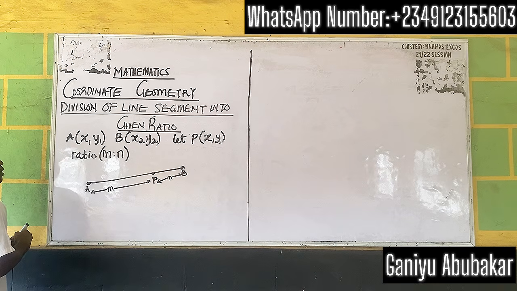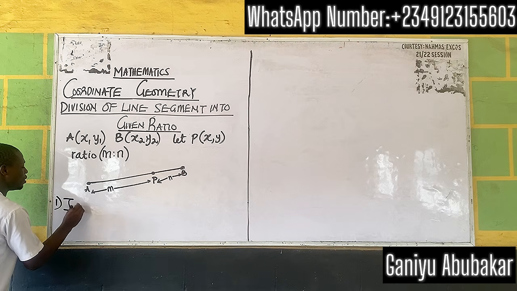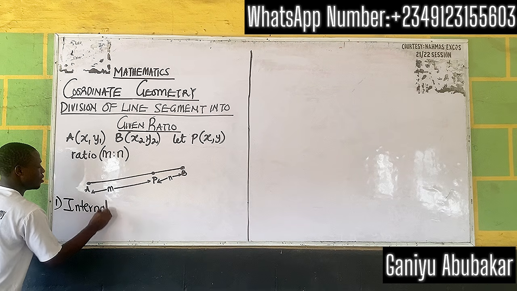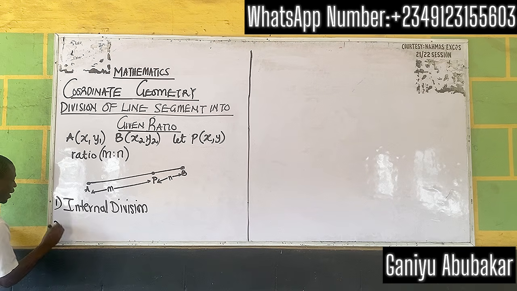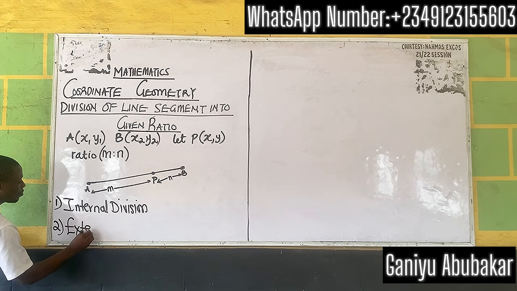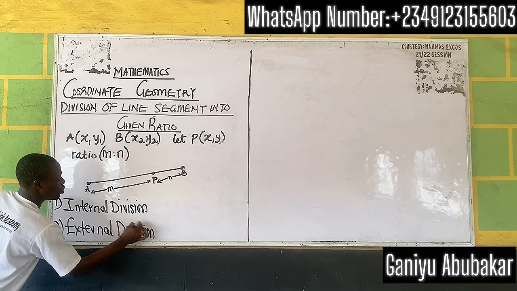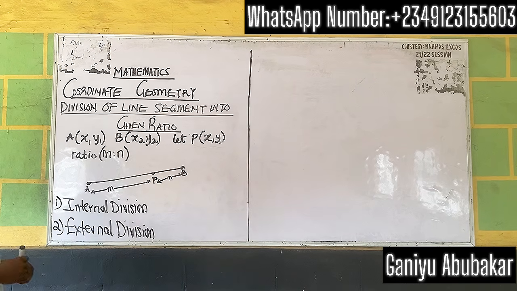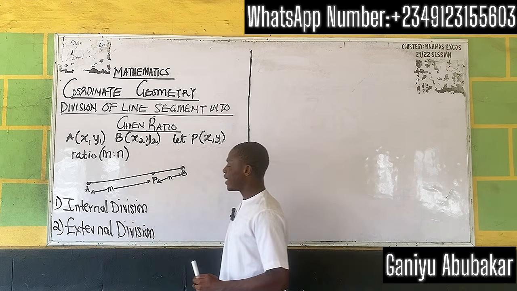Number one, we have the internal division, and we have the external division. The first one is called the internal division. Number two is called the external division.